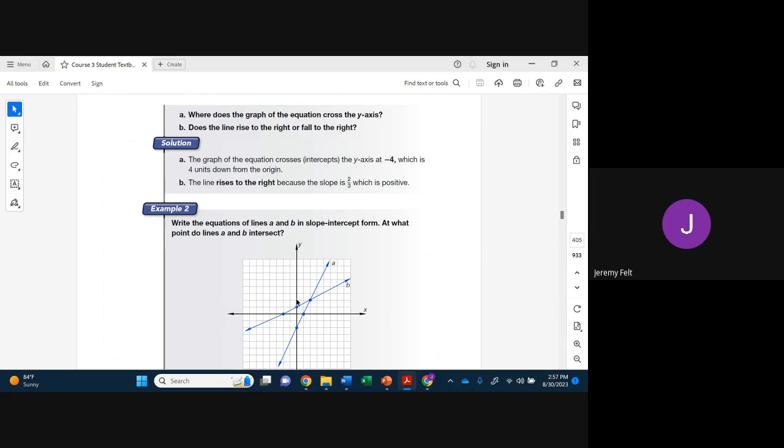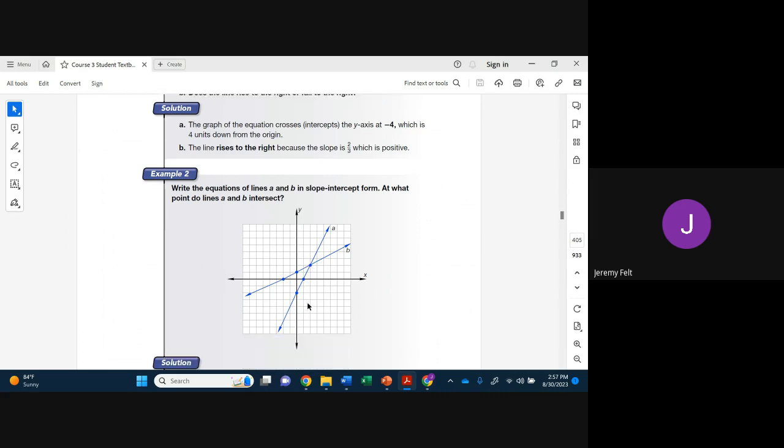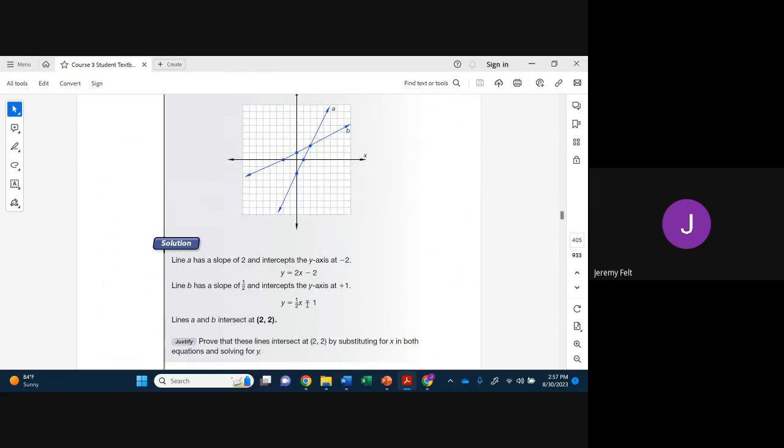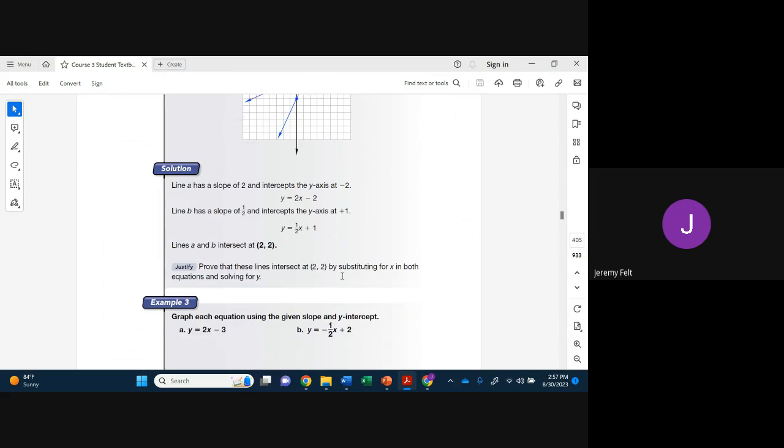Slope is rise of 1, run of 2, so 1 over 2, so y equals 1/2 x plus 1. We have those two based on our rise over run and our y-intercepts. We can write these in slope-intercept form.